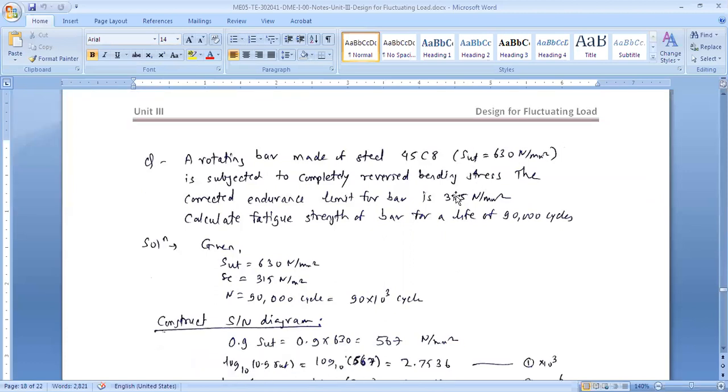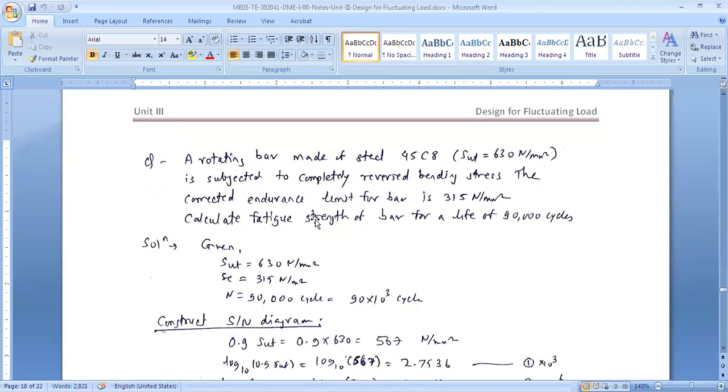One point is this, the other point is this, and because of this we can draw an inclined line. Once we can draw the inclined line, we can find, for any given stress, the corresponding number of cycles, or for any given cycles, the corresponding stress.